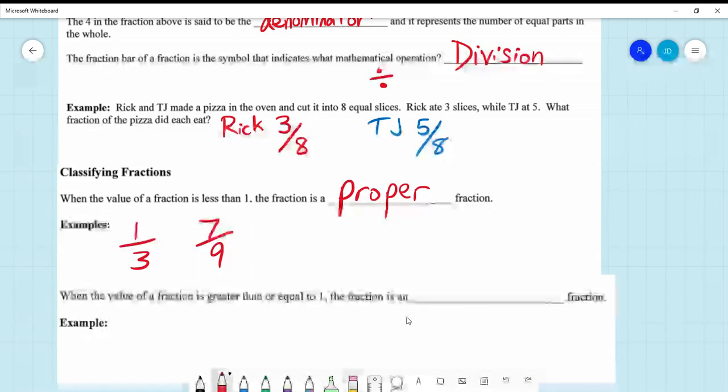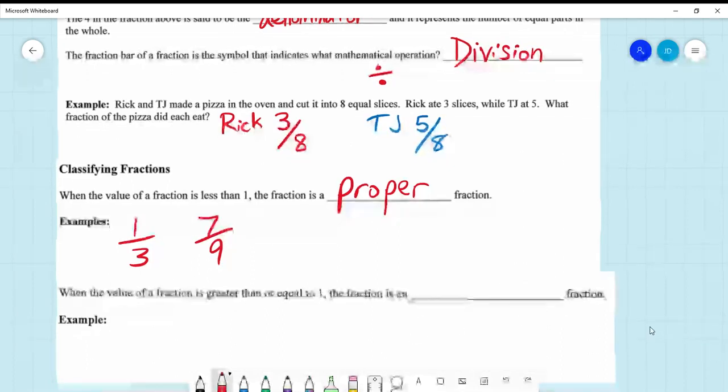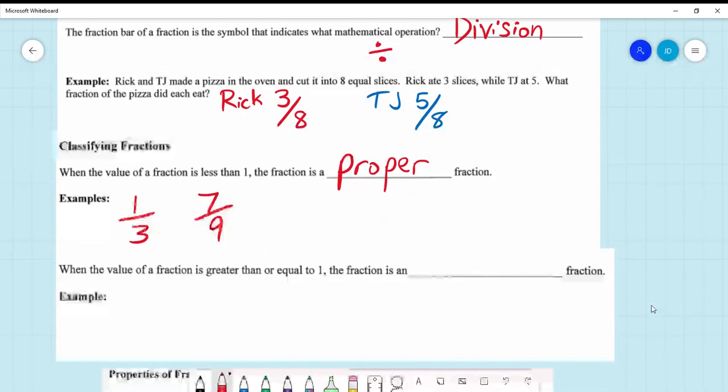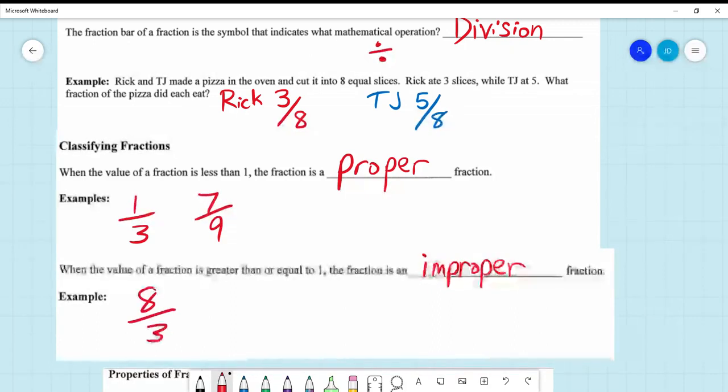Okay, when a fraction is greater than or equal to 1, then it is said to be an improper fraction. Some examples of that, maybe a number like 8/3, 8 over 3.